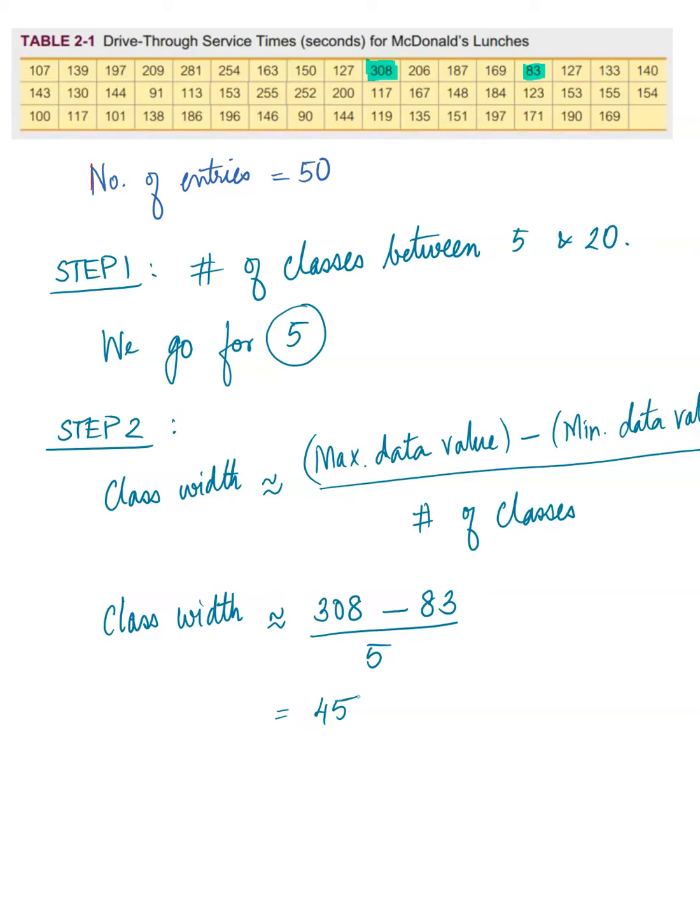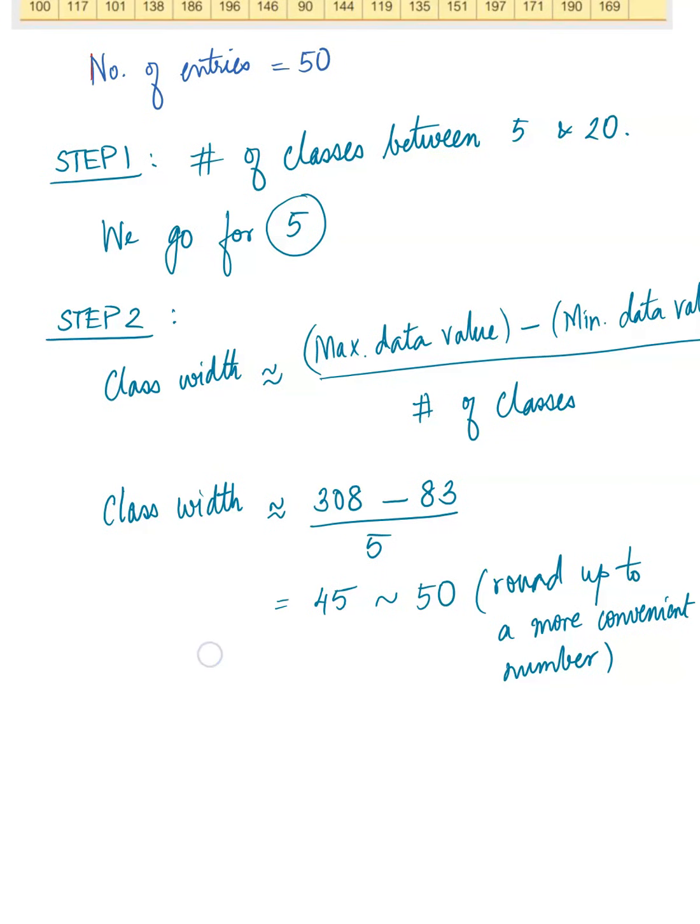But again, remember, you can always round. This is just a general idea, okay? So you can always round it up to a more convenient number if you want. So I'm going to round this up to 50. So I'll just say round up to a more convenient number.